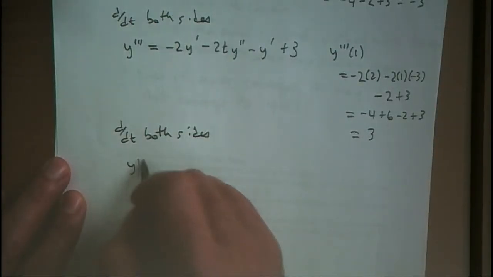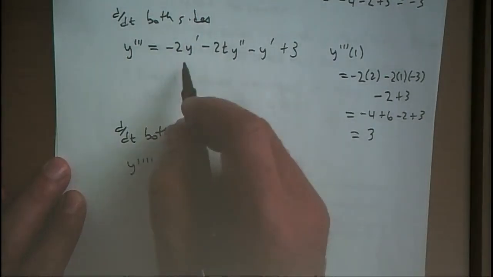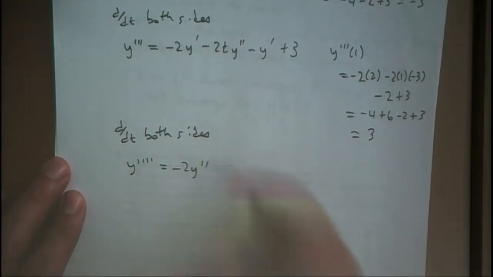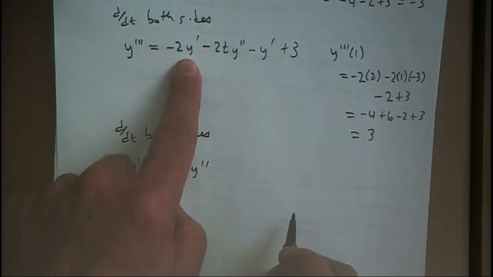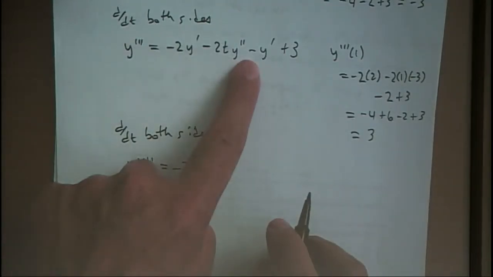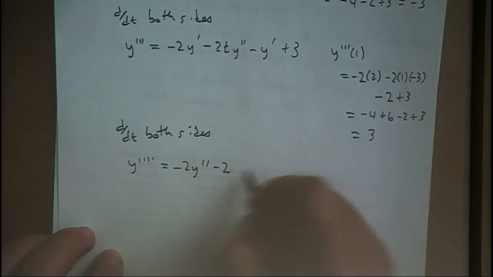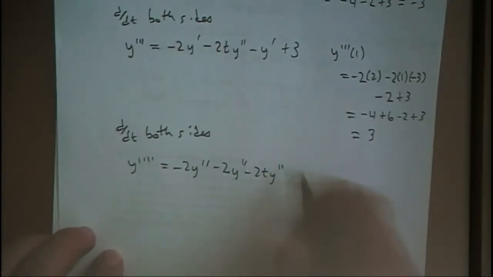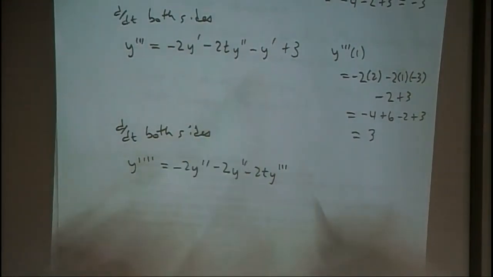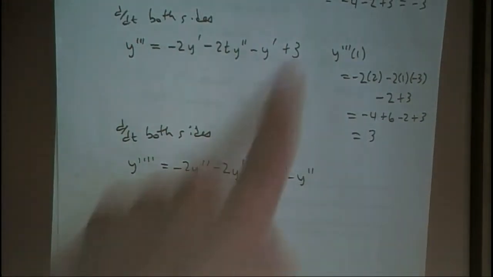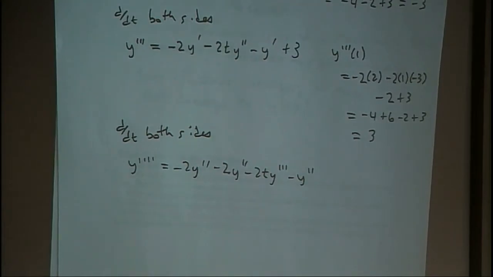We get y, the 4th derivative, minus 2 y double prime. Derivative of the first derivative is the second derivative with respect to t. Oh, got to use the product rule for that. Minus 2 y double prime, minus 2t y triple prime. Minus y double prime, and the 3 goes away.